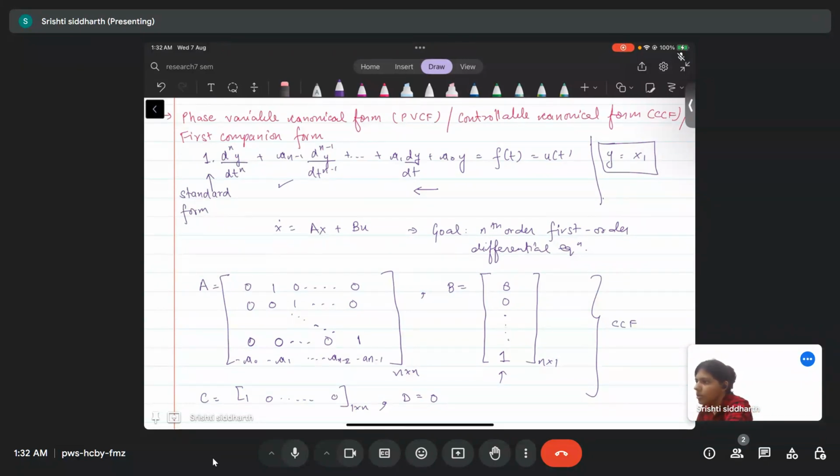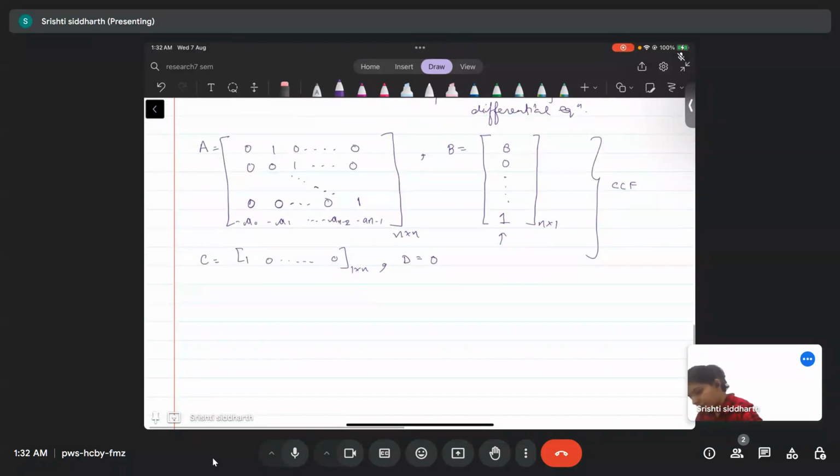Okay. So let's do a question here. The differential equation is given to be a third order differential equation. We have 5 d²y/dt², a function of t.